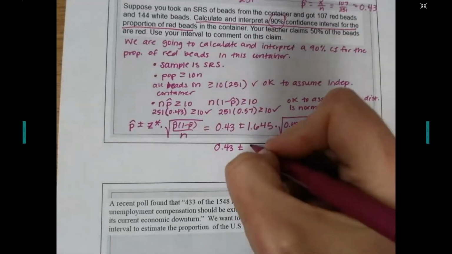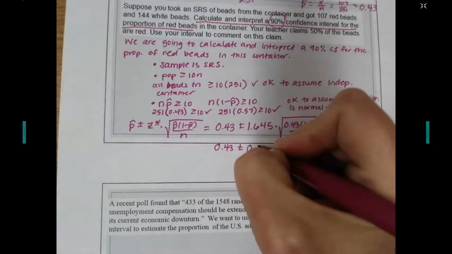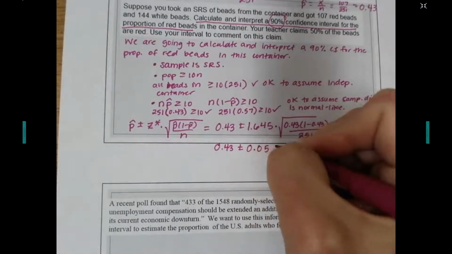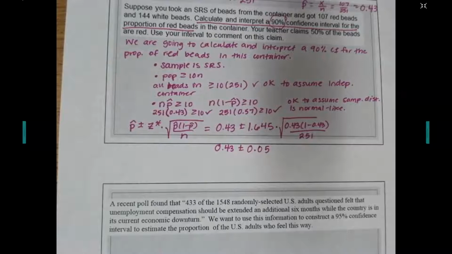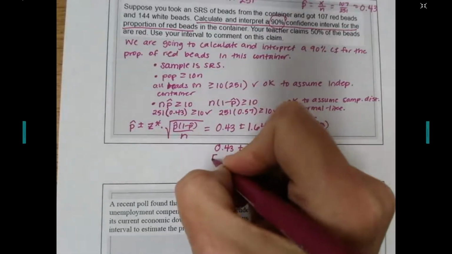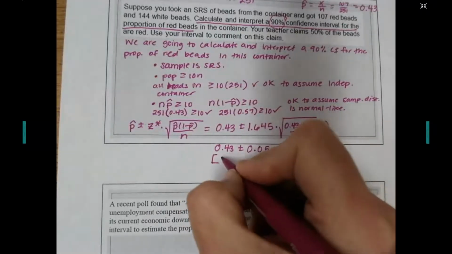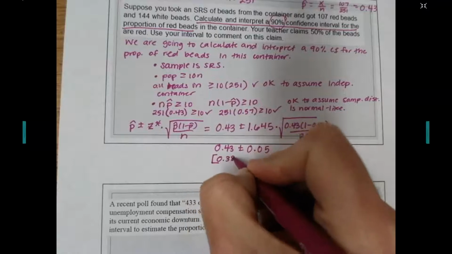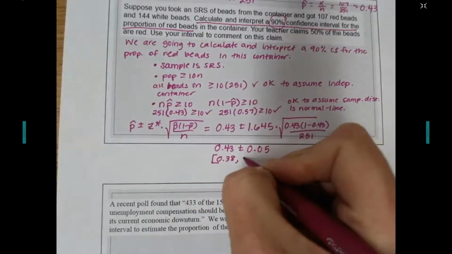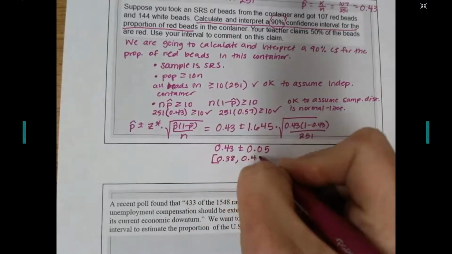So my margin of error is 0.0514. I'm just going to leave it at 0.05. So that means my interval is 0.43 minus 0.05, that's 0.38, and 0.43 plus 0.05, that's 0.48.